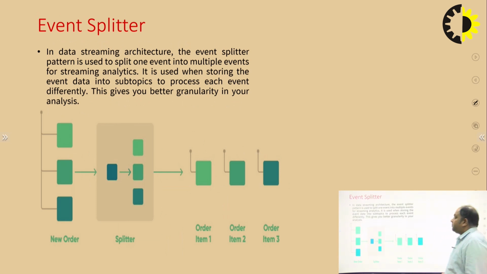Third is the event splitter. In data streaming architecture, the event splitter pattern is used to split one event into multiple events for streaming analysis. Companies want to see what users are most prone to, what they are mostly seeing in their app.